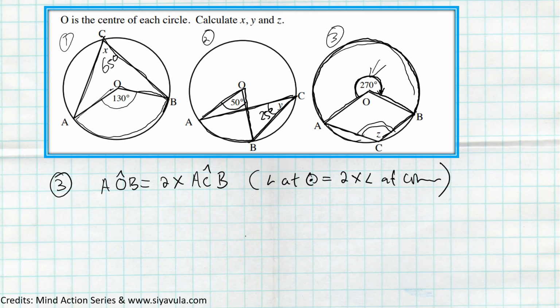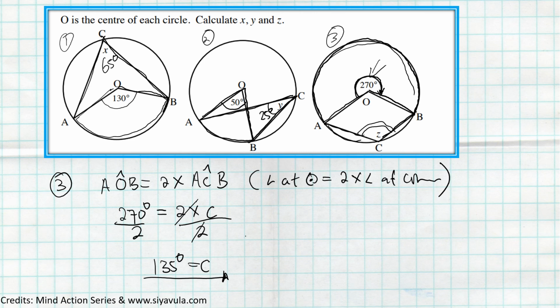So we can substitute: angle AOB is 270 degrees, equal to 2 times our angle at circumference, which is C, right? To solve for C, just divide by 2. Then we have 270 divided by 2. Then our C is going to be equal to 135 degrees. So that's actually the application of this theorem.